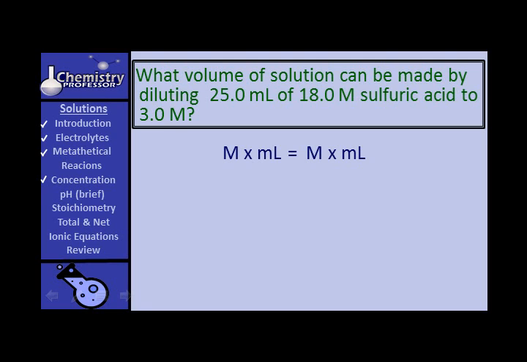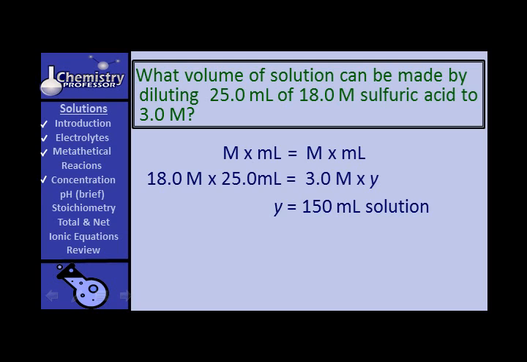So plugging it in, we have 18 molar times 25 milliliters is equal to 3 molar times an unknown quantity of milliliters that I'm choosing to call Y. And when we work this out, Y becomes equivalent to 150 milliliters of solution. Now it's important that you remember that that is 150 milliliters of solution.